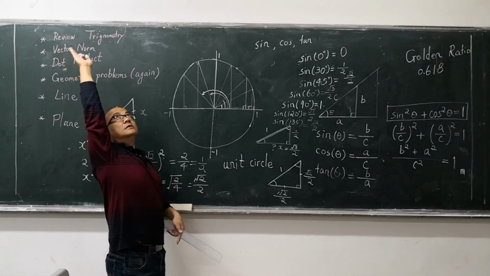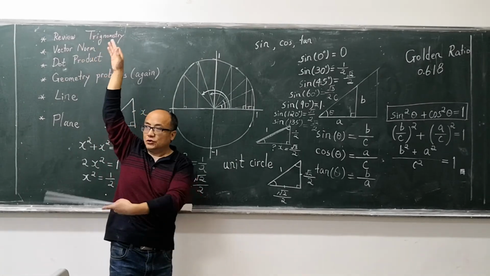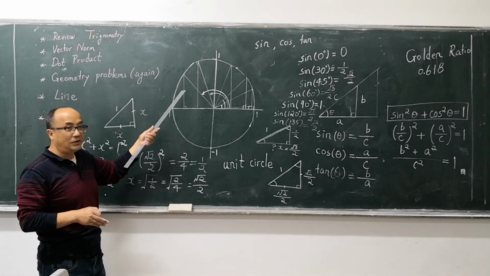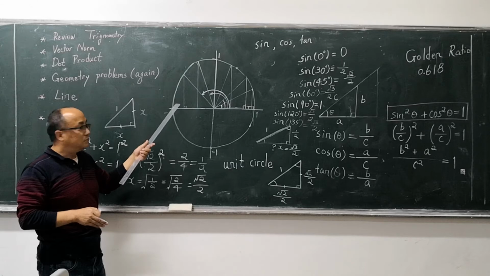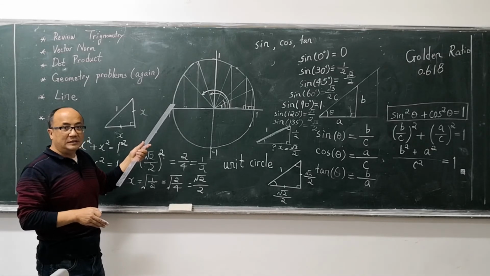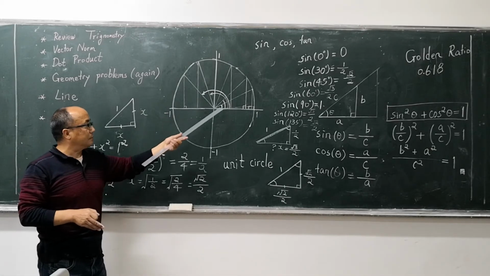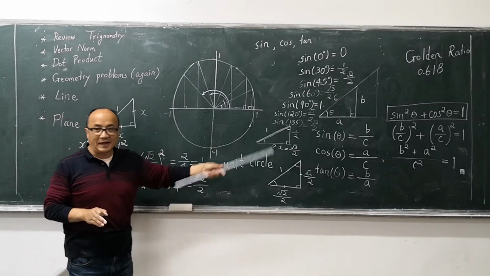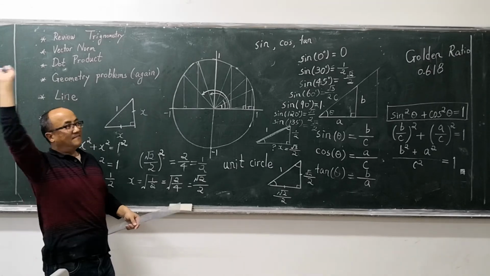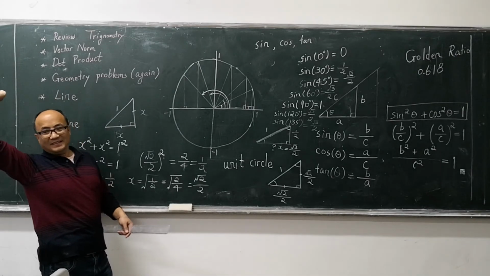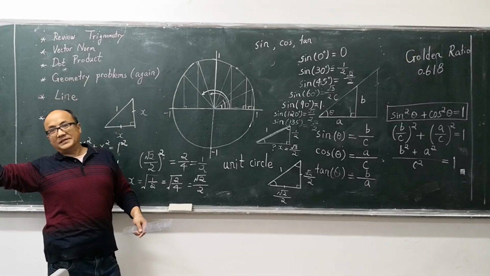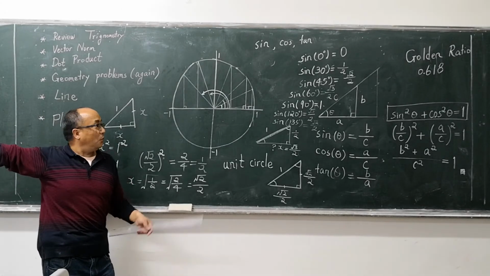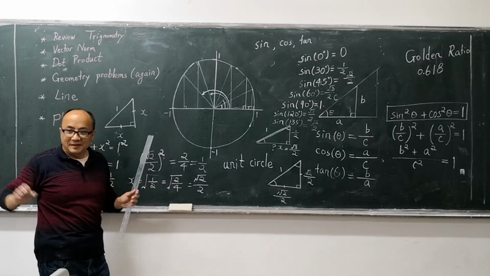If you keep turning, the movie screen becomes shorter. When is 180 degree? What is the sine 180 degree? Sine 180 is 0. The movie screen is 0. Okay? It's on the floor.